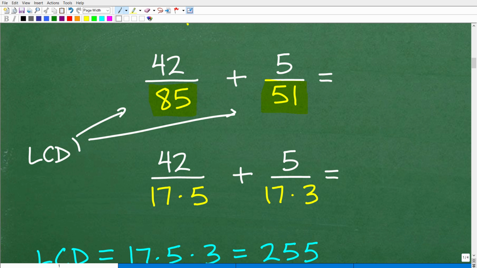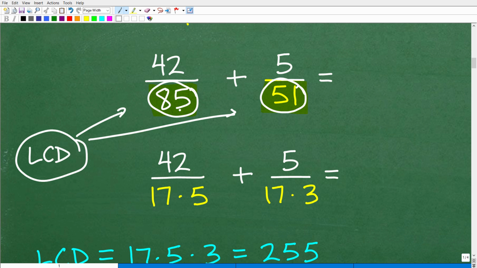All right, so that brings us to another sub-skill when it comes to fractions: can you find the lowest common denominator? Well, it's not that difficult if you can factor the denominators. We want to factor each respective denominator into its prime factors. So 85 is the same as 17 times 5.